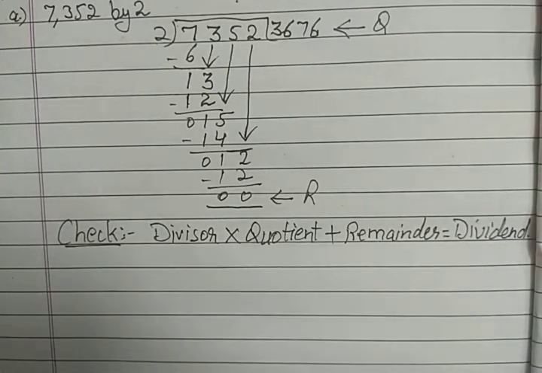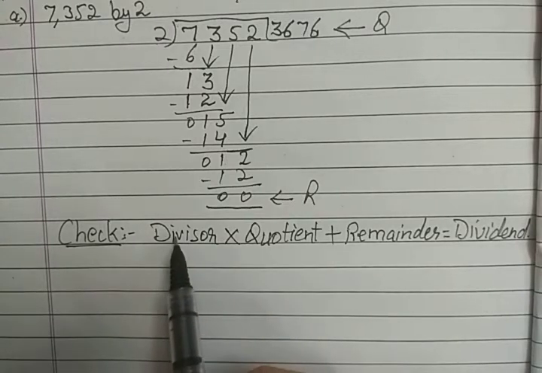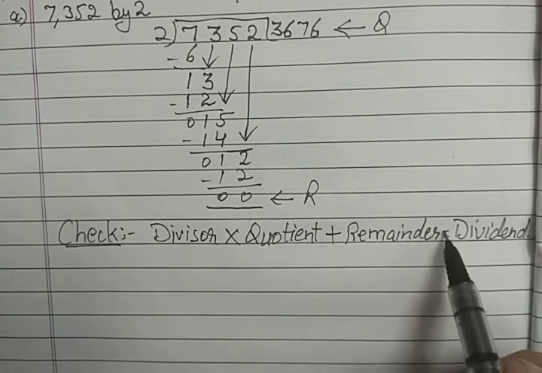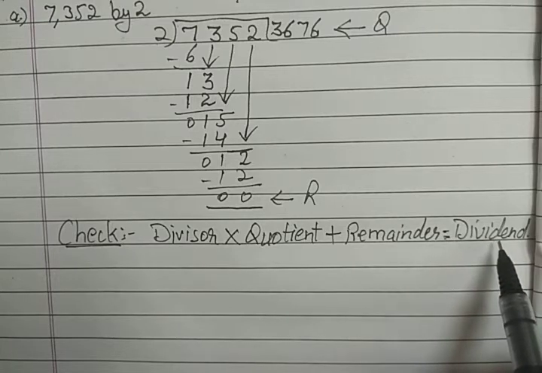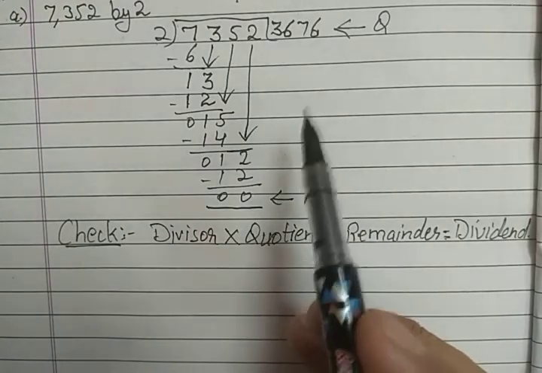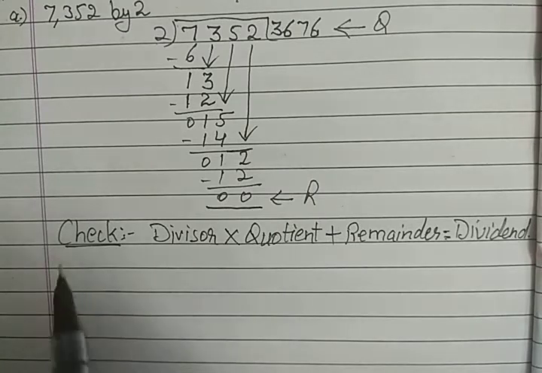I told you to learn this relation. So divisor multiplied by quotient and then add the remainder to it. If the answer is equal to the dividend, that means we have done it correctly. That is the correct answer, you can see.